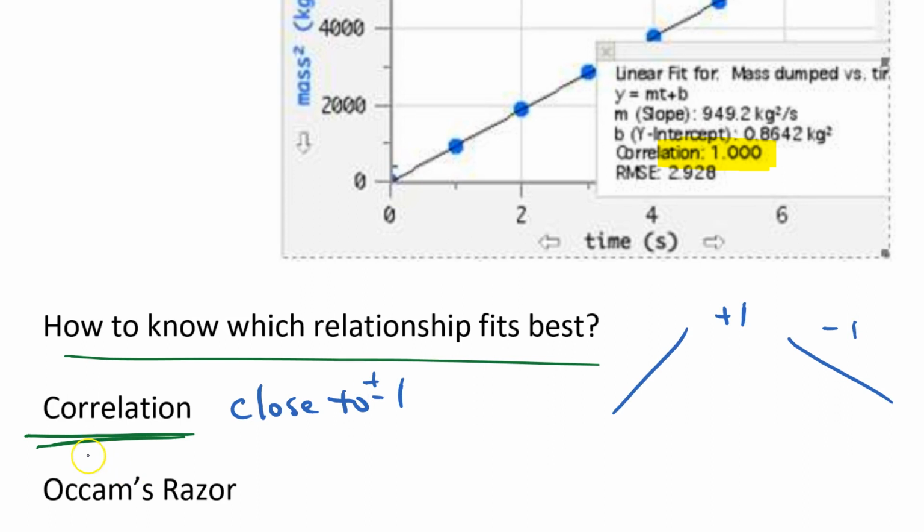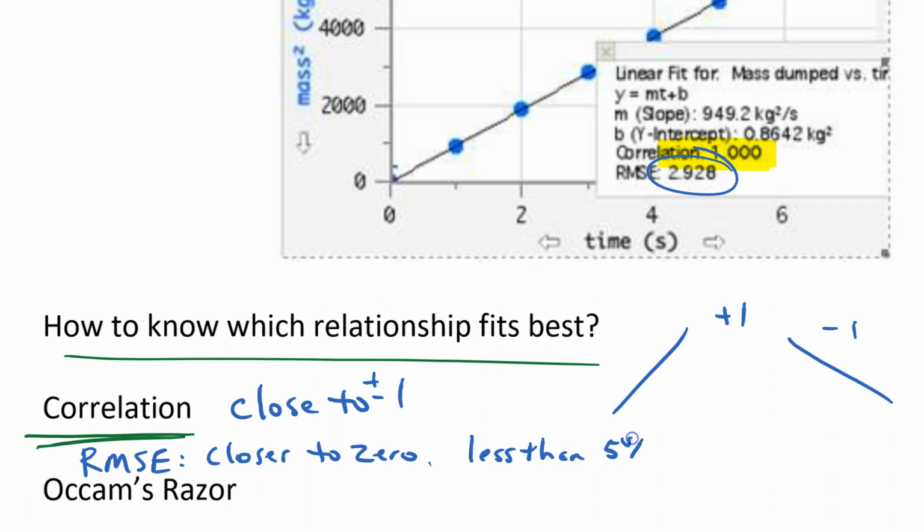The second one, and I didn't put it in this sheet, is the RMSE. The closer it is to 0, the better. In this case, this RMSE is 2.928, and we check if it's less than 5% of the median or midpoint of my y values.